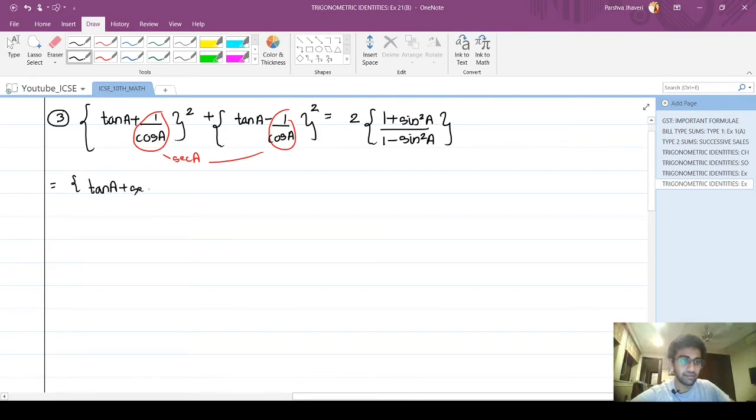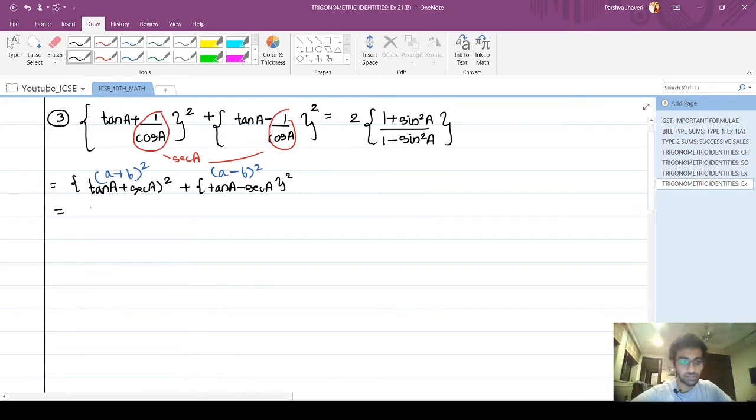Taking LHS, (tan A plus sec A) whole square plus (tan A minus sec A) whole square. Alright. Once we expand this, using what formula? We'll be using the expansion A plus B whole square, and the expansion A minus B whole square.